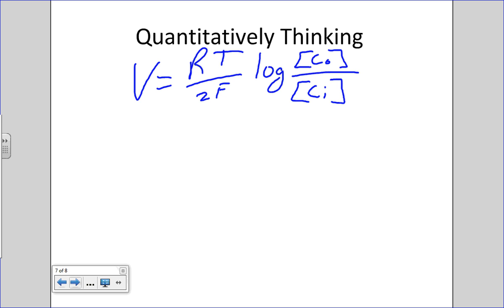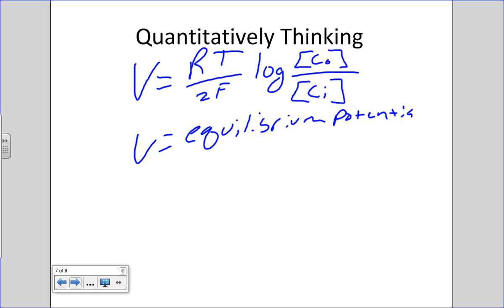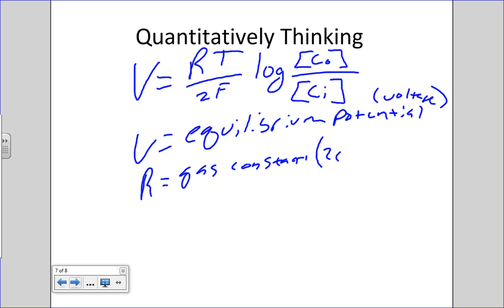V is going to stand for our equilibrium potential, and this is going to be a voltage. R is going to be the gas constant. T is going to be temperature, and that's going to be in Kelvin.